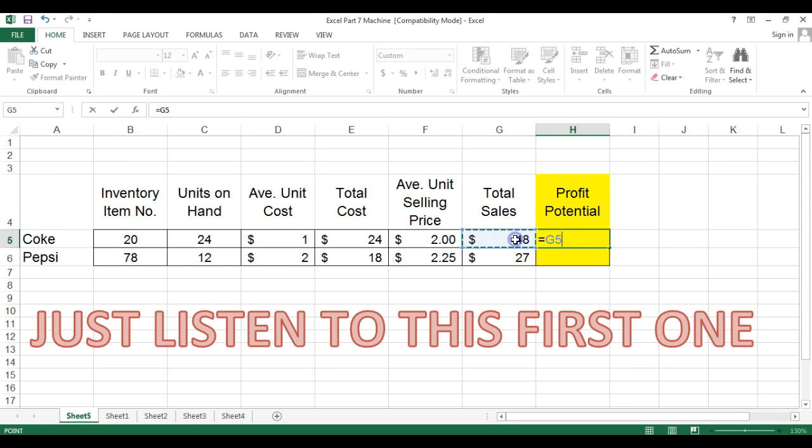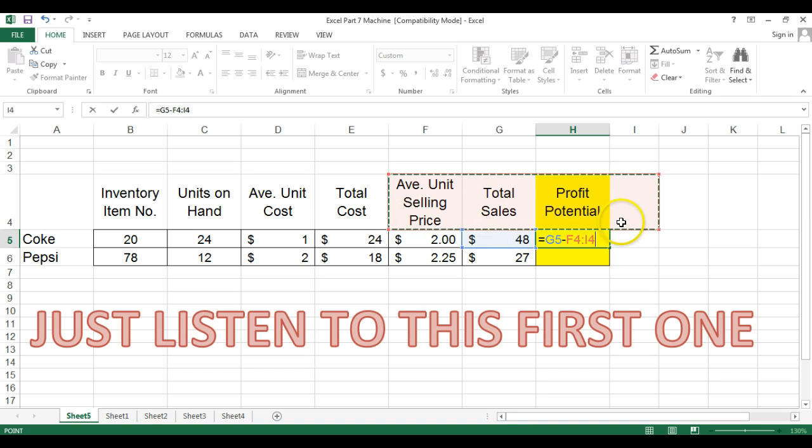As usual, we're going to start with the neighbor, but this time we need to subtract, because we have to take out the cost of it. So then we're going to go over to cost. The other thing you should be aware of for profit potential, notice that we're subtracting the totals. We don't have anything to do with anything else. We're just subtracting totals here.